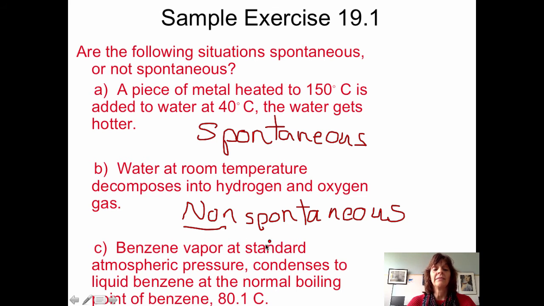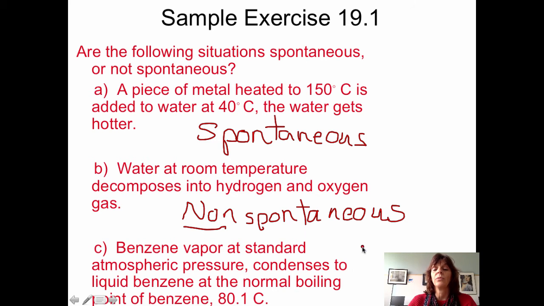So finally, benzene vapor at its boiling point at atmospheric pressure will indeed condense at its boiling point, but it will also boil at its boiling point. So it will be condensing and evaporating at the same time, at the same rate.